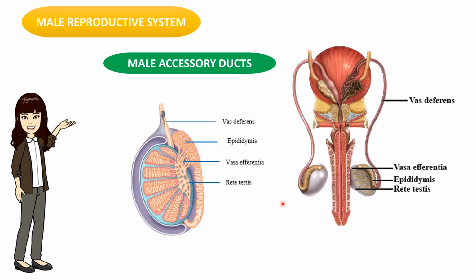Vasa efferentia further opens into the epididymis. When sperms enter the epididymis, they complete their maturation process and become fertile. The epididymis leads to the vas deferens and ascends to the abdomen. Vas deferens receives a duct from the seminal vesicle and opens into the urethra, which releases sperms through the external opening called the urethral meatus.